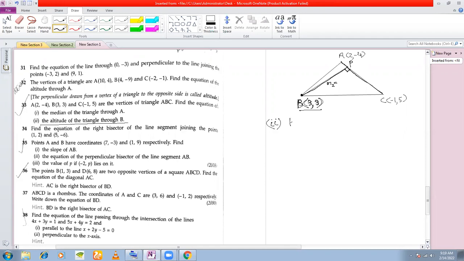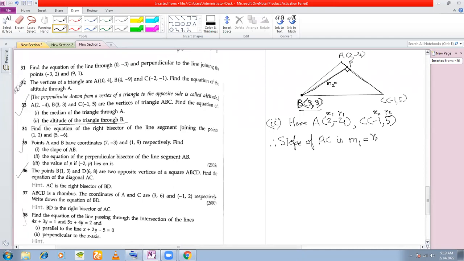Let's first find out the slope of AC. So here A is (2, -4) and C is (-1, 5). So therefore slope of AC is, let's say, M1. Consider this as your X1, Y1, X2, Y2.